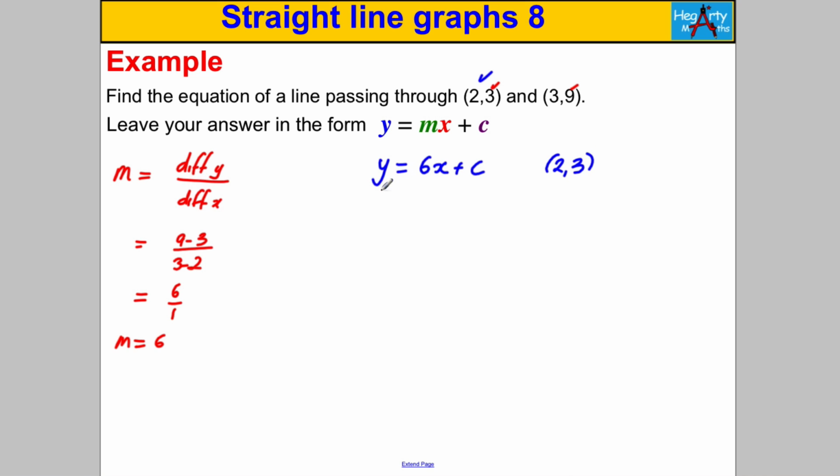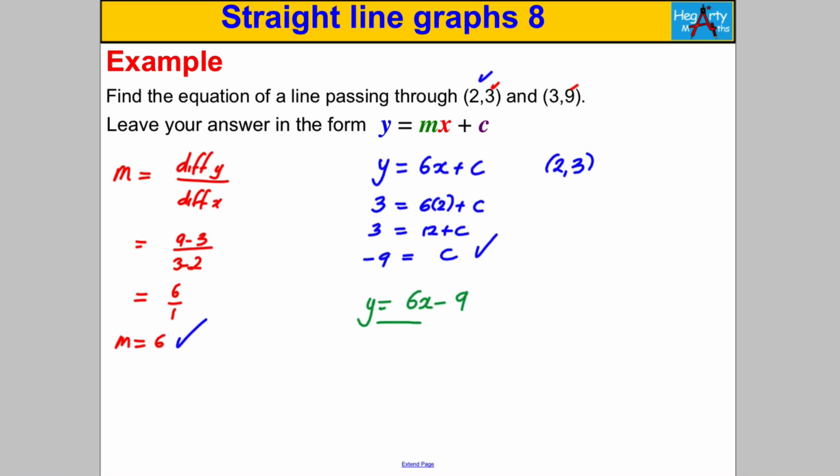So we're going to have 3 is equal to 6 multiplied by 2, add c. 3 is equal to 12, add c. Subtract 12 off both sides. I'm going to get 3 subtract 12, which is negative 9. So we have c, we have m. Therefore, we can state that y is equal to 6x subtract 9, and we're done.